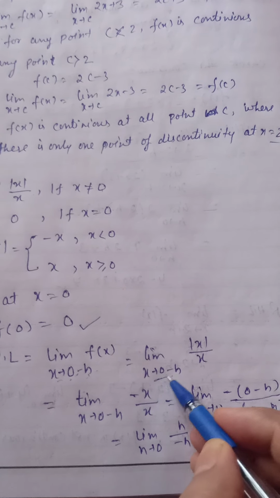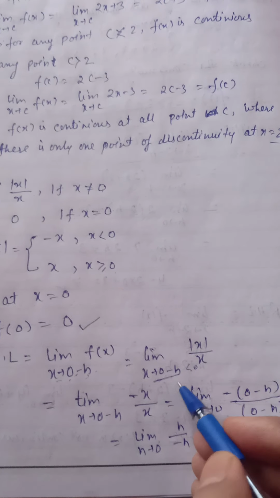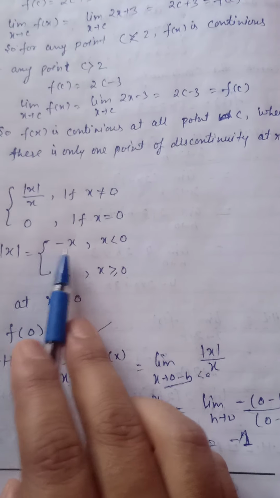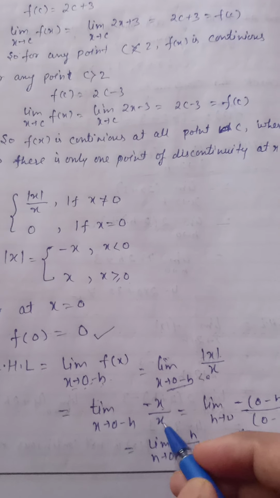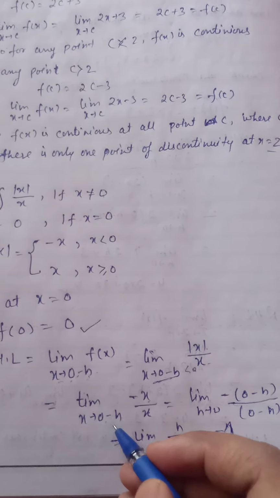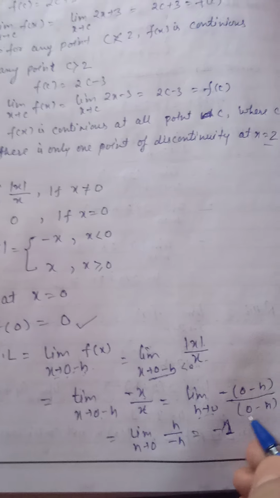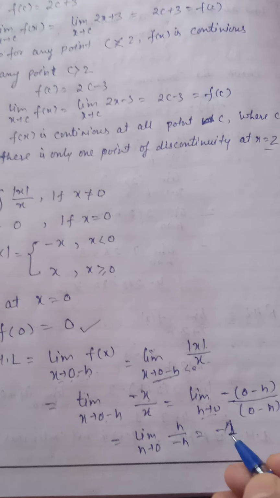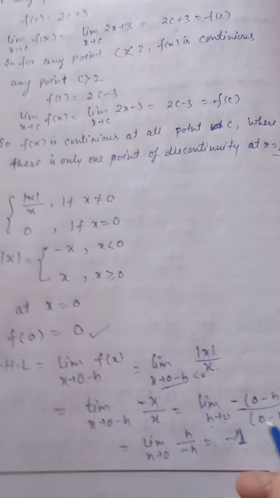Since 0 minus h means it is less than 0, for less than 0 the value of mod x is minus x. So in place of mod x we put minus x upon x. Now we'll put the value of x as 0 minus h, with h tends to 0. By solving this you will get the limit minus 1. The value of LHL is minus 1.